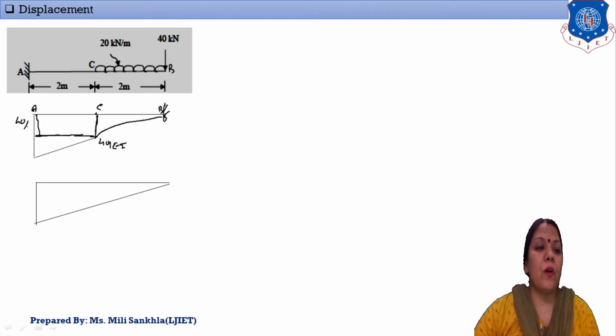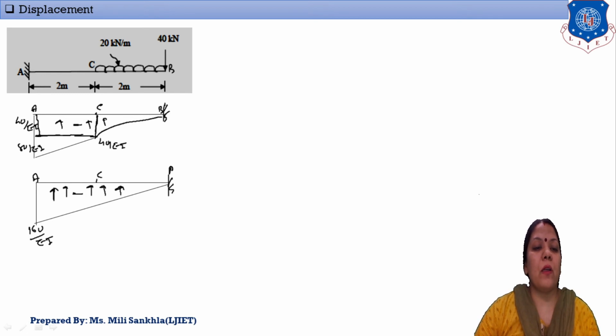This one is 40 by EI, and 80 by EI negative, and forces are in the upward direction. Same here, and the total height is 160 by EI and forces are in the upward direction. The total distance: A, this point is C, and this point is B. The distance is 2 meter and 2 meter. Same here, the distance is 2 meter and 2 meter.